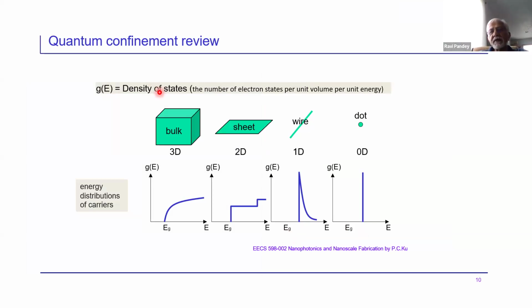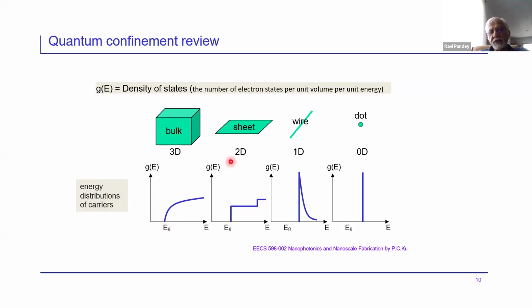It provides information about the number of electron states available in a given system per unit volume, per unit energy. This is the energy distribution of the states available for electrons or holes. For bulk, you have density of states versus energy, a very, very broad distribution.